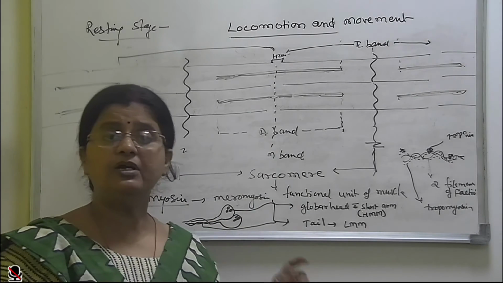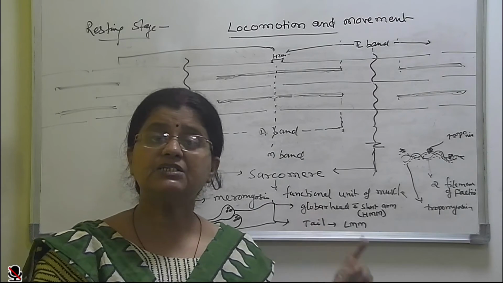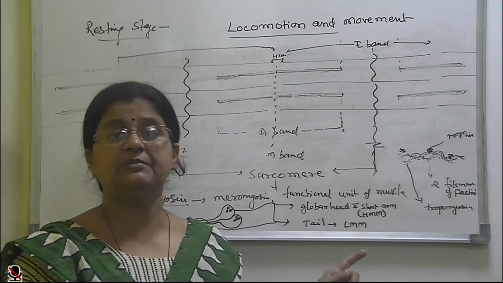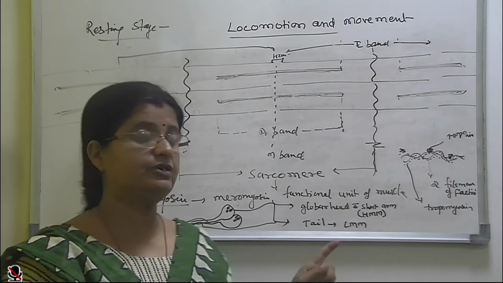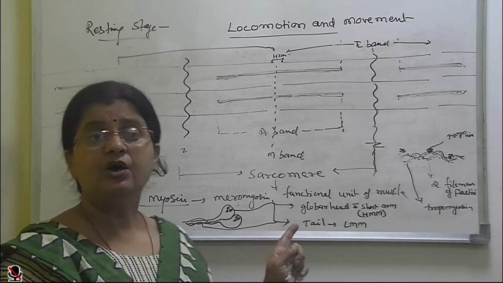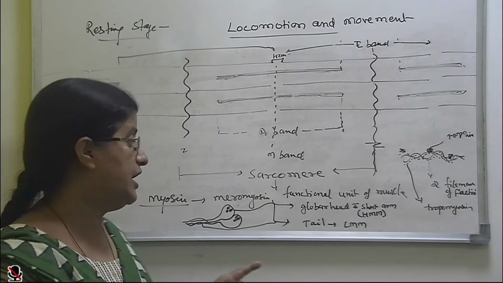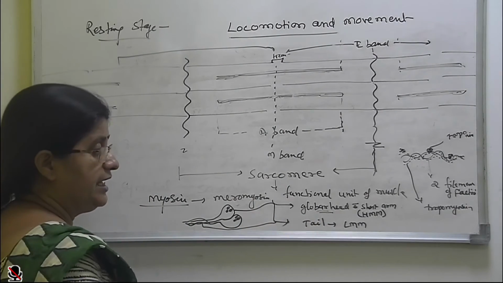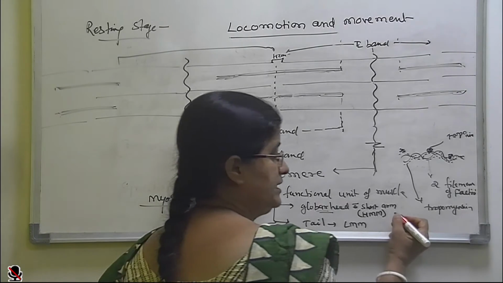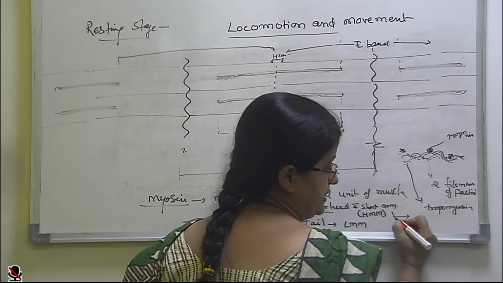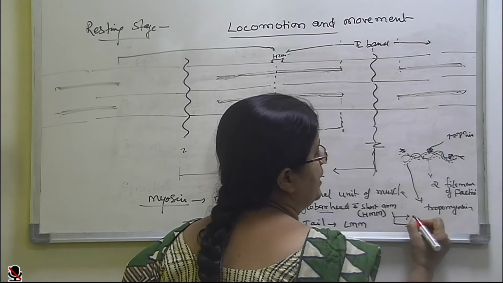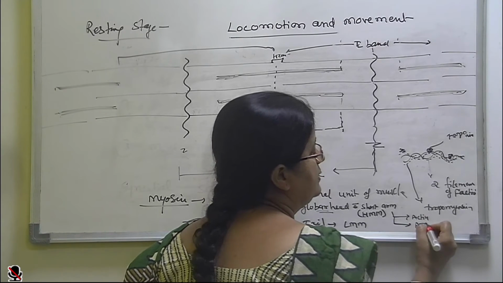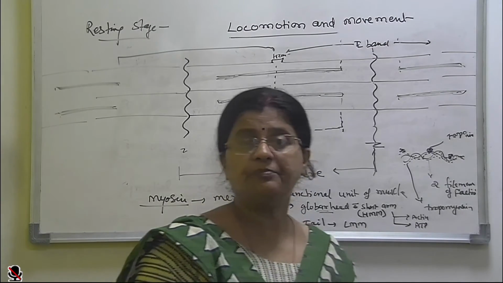Now, this globular head is actually an active ATPase enzyme, and this has the binding site for ATP and also the active site for the actin. Remember, this globular head is actually the ATPase enzyme, and this has two binding sites, one for the actin and the other for the ATP, right?